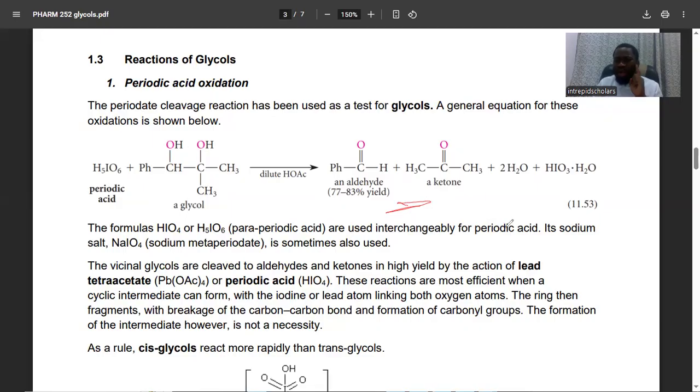First of all, I would have to recognize that the two most important groups which were linked initially in the glycols are the ones that bear the carbon double bond O. Those are the carbons. Because in an attempt to form the product, I cleave that bond. In an attempt to form the reactant, I have to connect those carbons again.